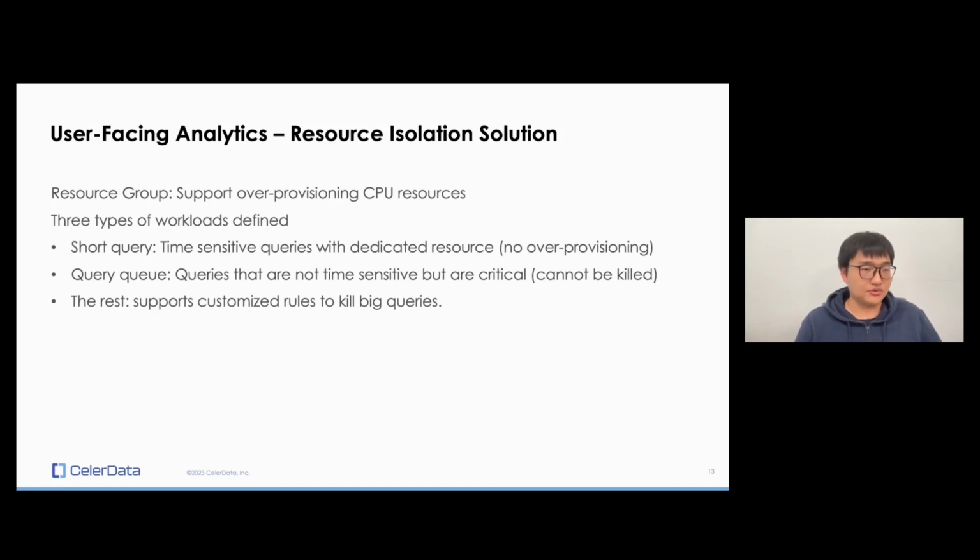And we have a query queue too, and the query queue is the exact opposite. Those are not time sensitive, but they're critical. They have to be finished. Those are ad hoc queries, and you can configure that too. We also have the capability of killing big queries by specifying customized rules.